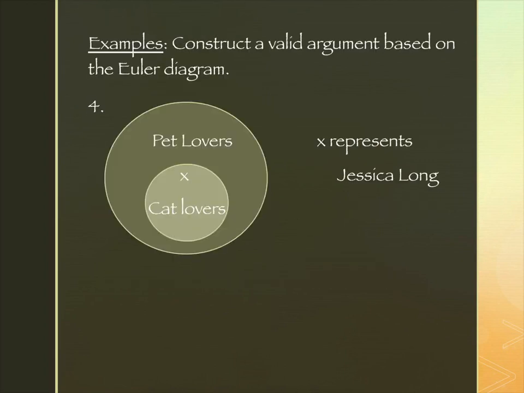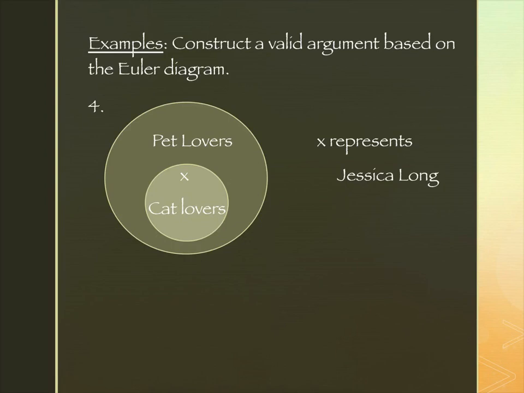All right, let's go back then to number 4. Number 4 actually starts out in picture form, and you're asked to create a statement, an argument based on the picture. You're going to have some of these inside of MyMathLab as well. So we have a picture that says pet lovers and cat lovers, and there's an X in it, and on the side it says X represents Jessica Long. So let's start with these circles.